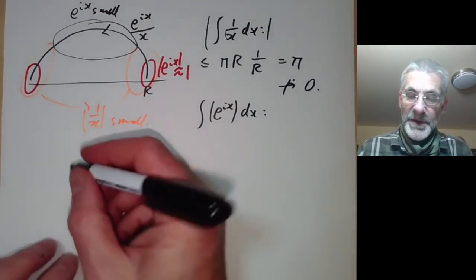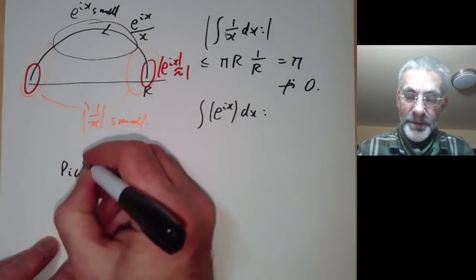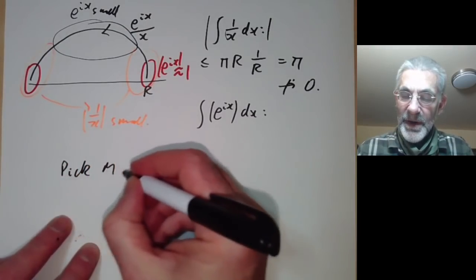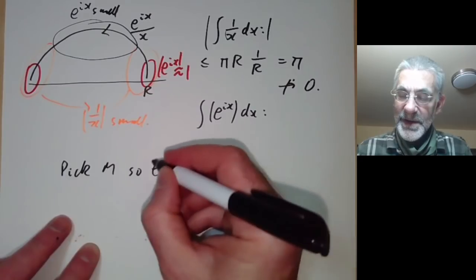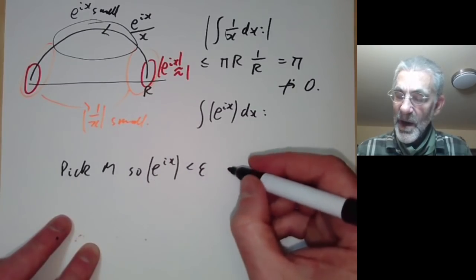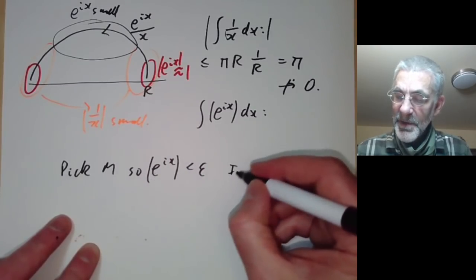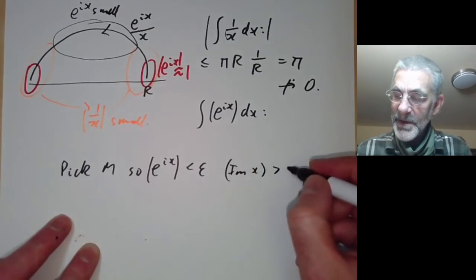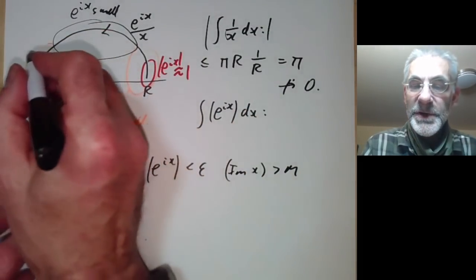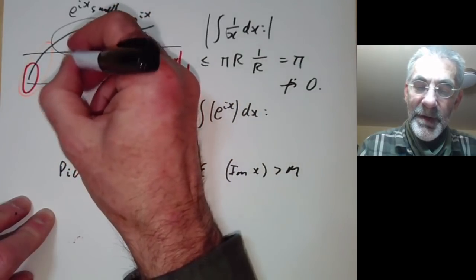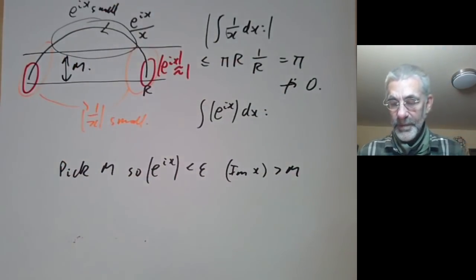So what we do is we pick some number m, so e to the ix has absolute value less than epsilon whenever the imaginary part of x is greater than m. So we're just choosing some number m here.